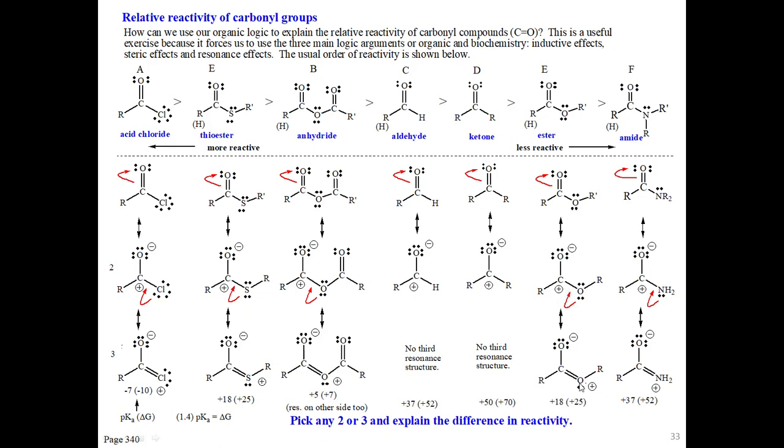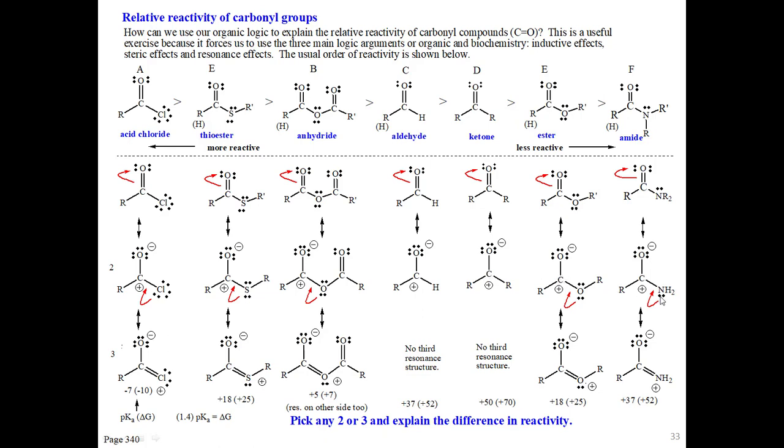That should make it less partial positive. And so we have a battle here between inductive effects and resonance effects. So in our course, generally the resonance effects win. And what we have said from the start is that the resonance structure that has more bonds and full octets is better, okay, than this one. And so that means this should be less reactive than the ketone because the partial positive is less.